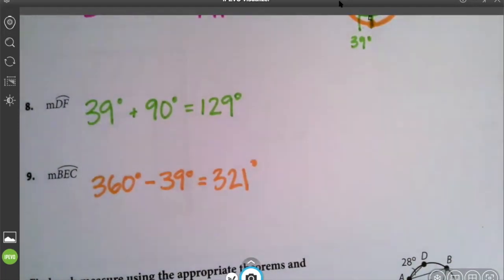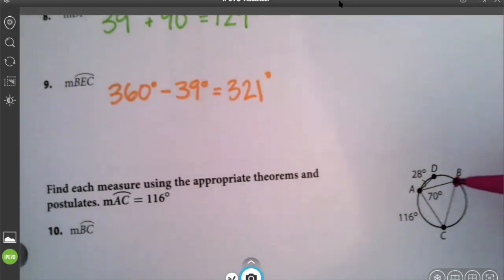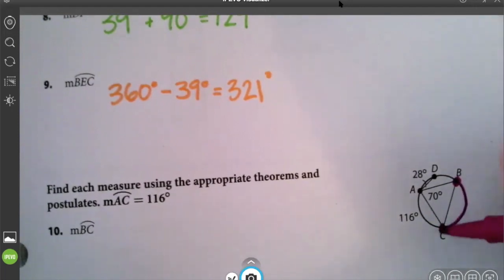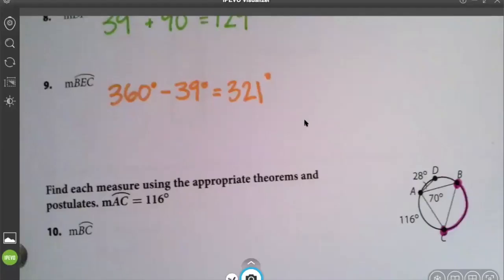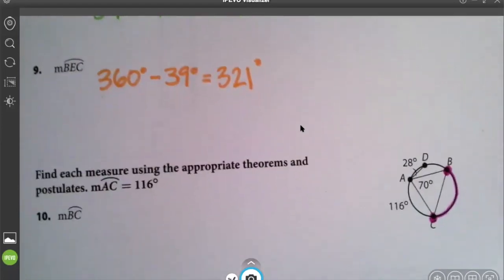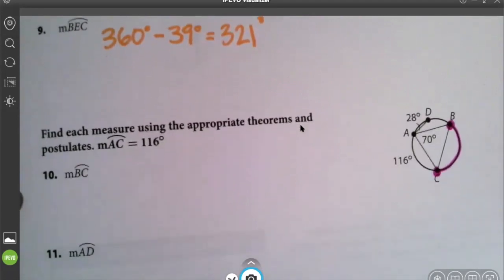Okay, let's do 10 and 11. Number 10 says arc BC. So here's arc BC. I'm going to give you a minute to think about that and see what you can come up with. Does anybody have arc BC yet?